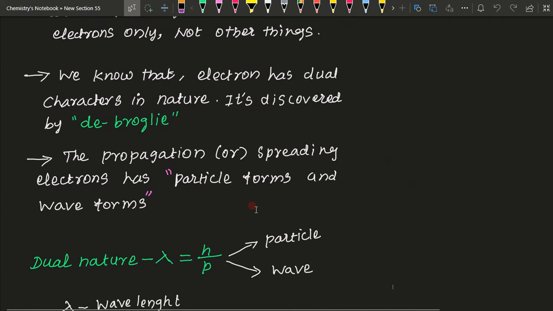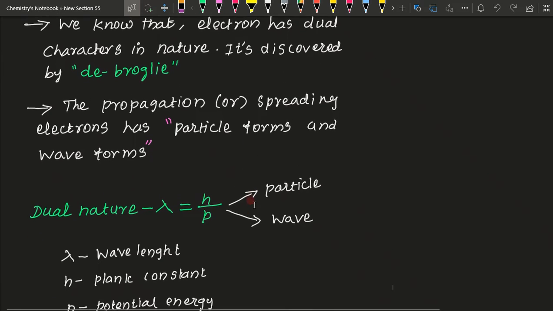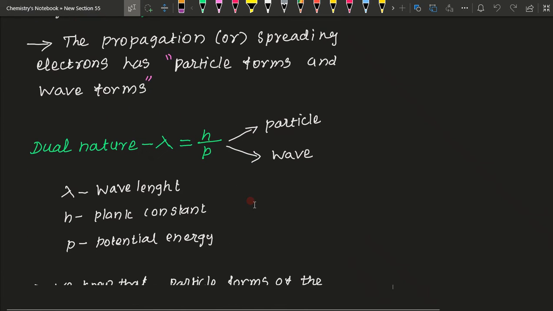Next, propagation means spreading. The electrons spread in particle form and wave form. See the dual character, divided into two forms, first particle and wave.